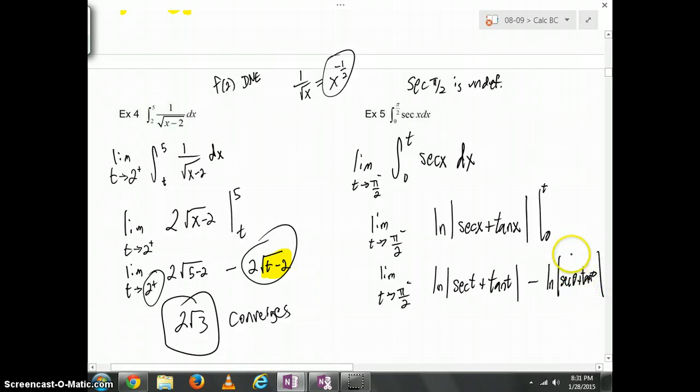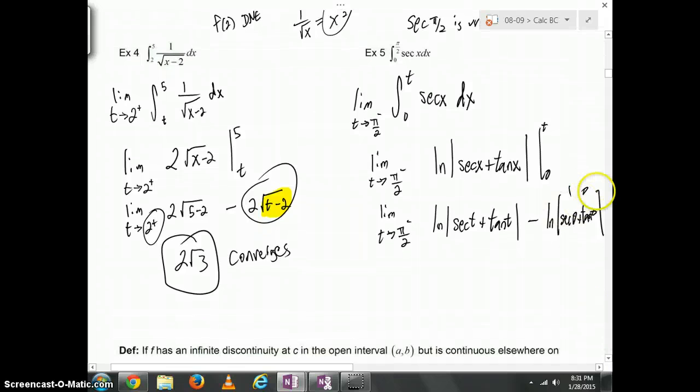Now, of course, secant of 0 is 1, tangent of 0 is 0, and the natural log of 1 is 0 itself. So this second component here actually won't exist. But as we're looking at the secant plus the tangent, I think here we're going to have to give this a little bit of thought.